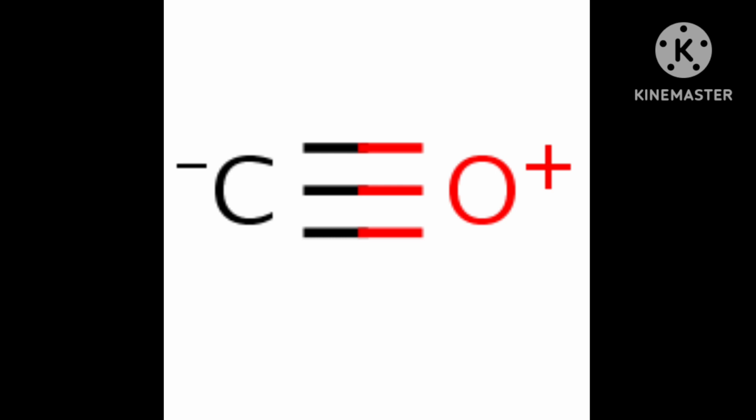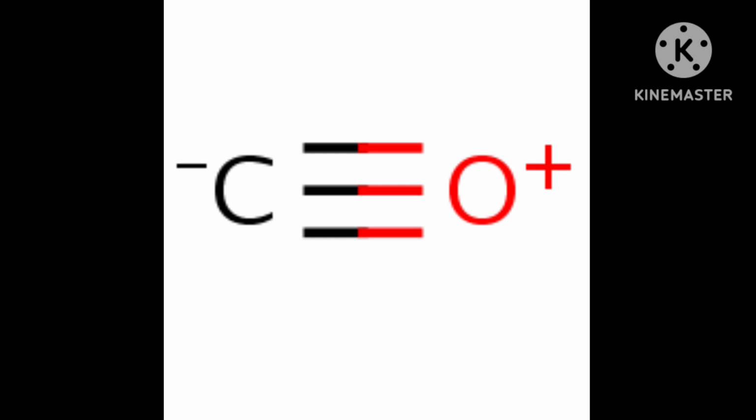The resonance structure you can write; there are three structures. In one structure, carbon has a single bond with one oxygen and a triple bond with the other oxygen.